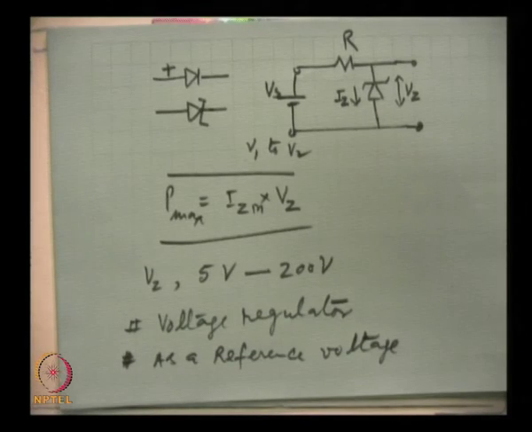There are many situations in electronics where we require a reference voltage, so that other voltages may be compared with it, and invariably a Zener diode of appropriate breakdown voltage will be the reference voltage.